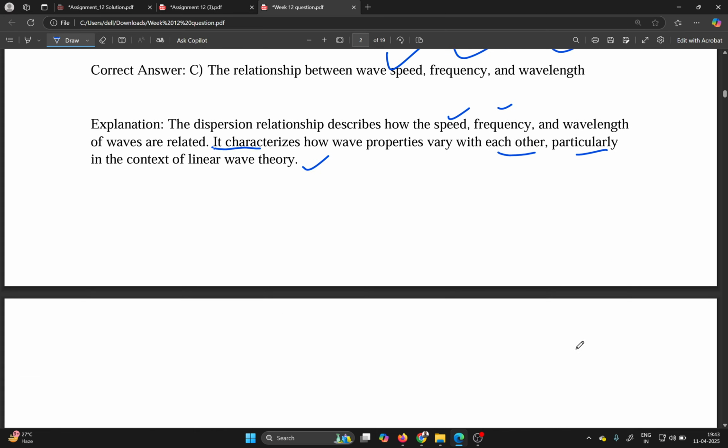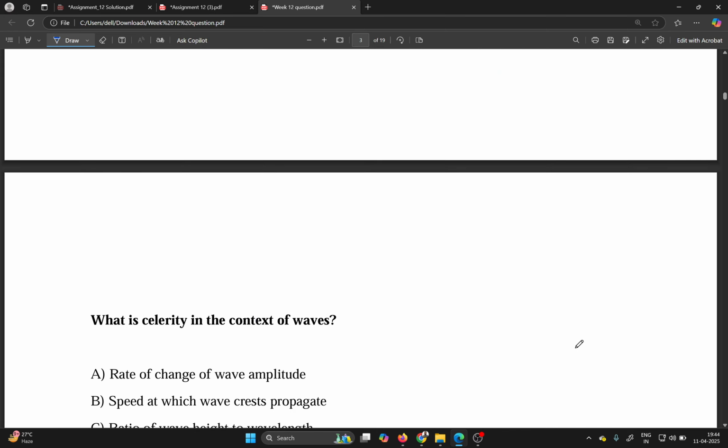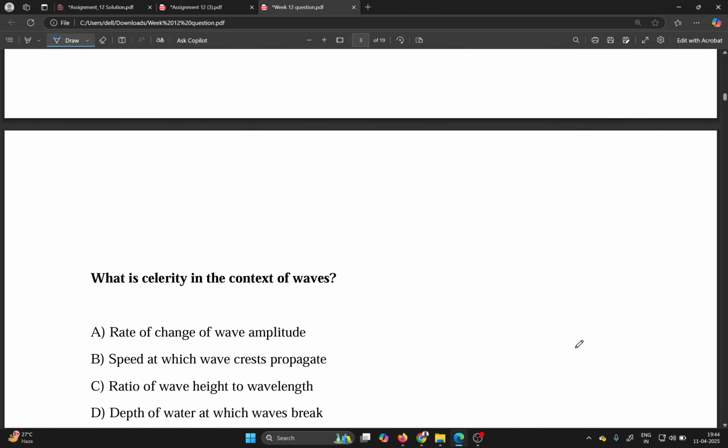Okay, the next question is, what is celerity in the context of waves? Rate of change of wave amplitude, speed at which wave crest propagates, the ratio of wave height to wavelength, or the depth of water at which wave breaks.